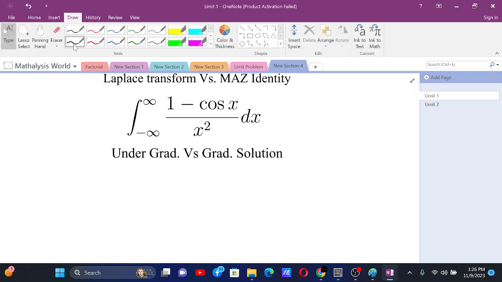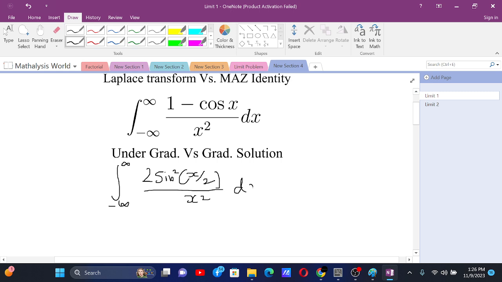But before that, we can see that it's 1 minus cos x, which by the standard formula can be taken into the other form, which is 2 sine square x by 2, over x square dx.